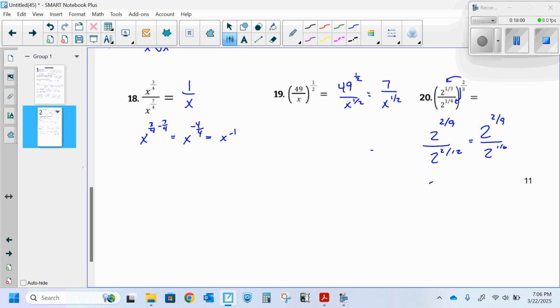And then after you do that, you are going to subtract those. Common denominator is 18. It's going to be 4 and 3, so we get 2 to the 1/18. Final answer. Okay, all right, that's all there is to it.